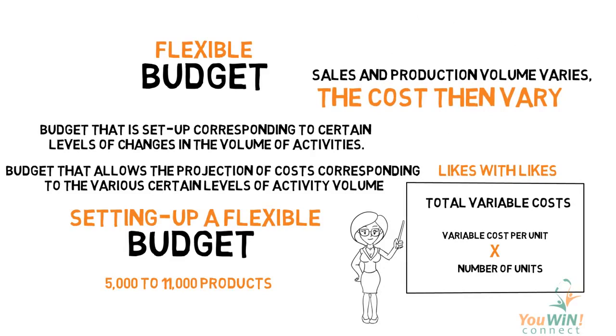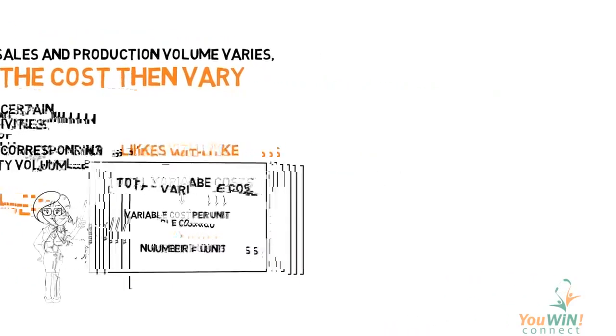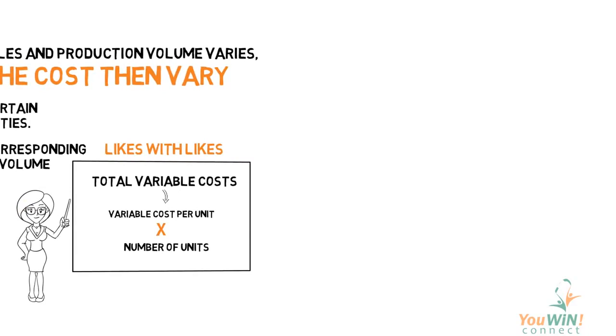A static budget does not enable the enterprise to compare its performance based on the current level. As a result, the static budget does not provide a relatively accurate benchmark that can be used as an objective assessment basis, especially when the actual results are remarkably higher than the projection.